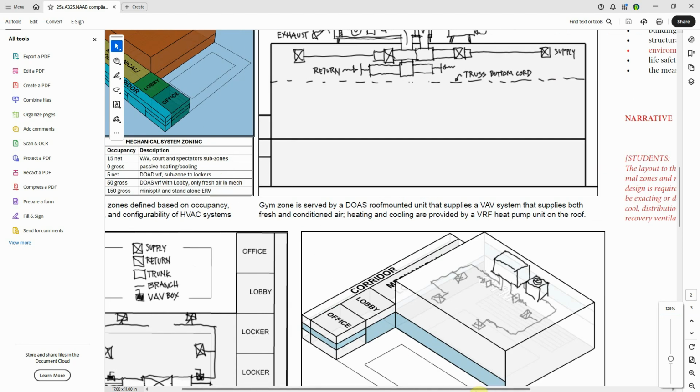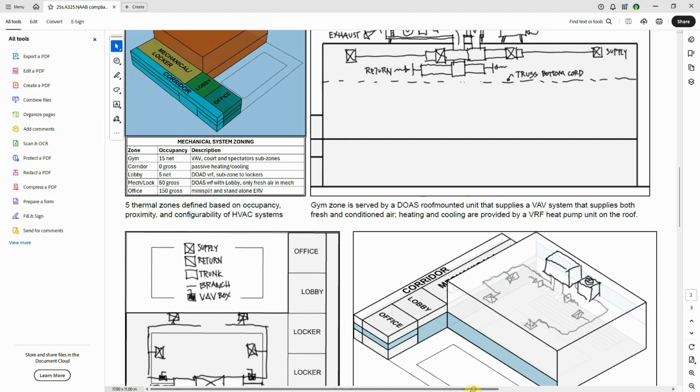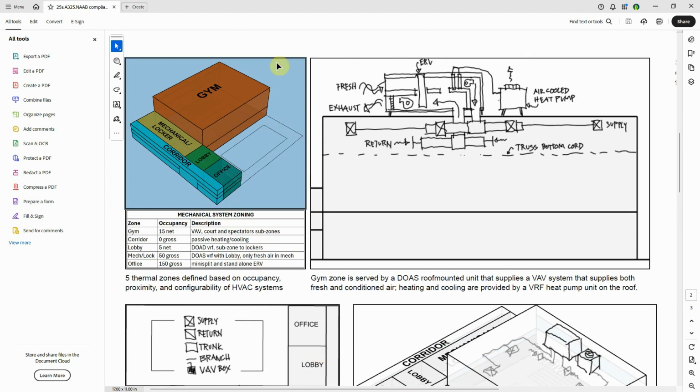The first thing to point out is that even though we're only designing an HVAC system for one zone or a related group of zones, we need to define the entire project as thermal zones.